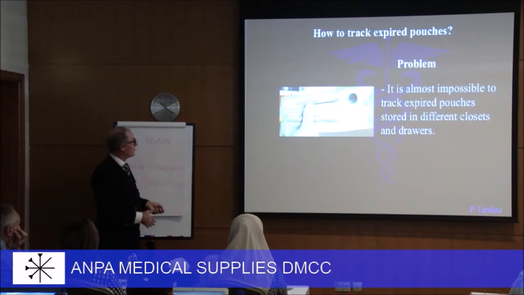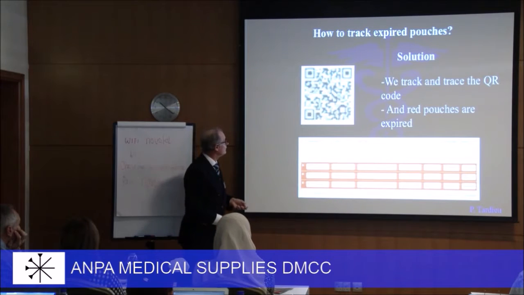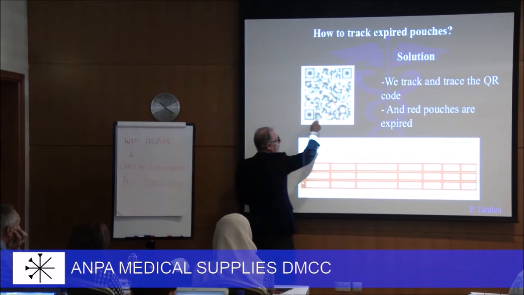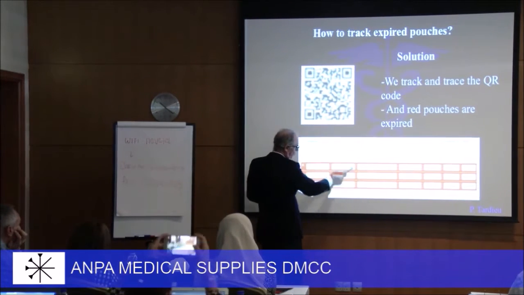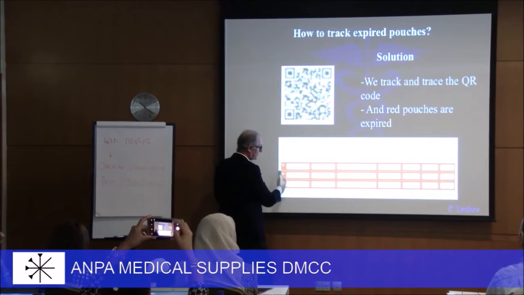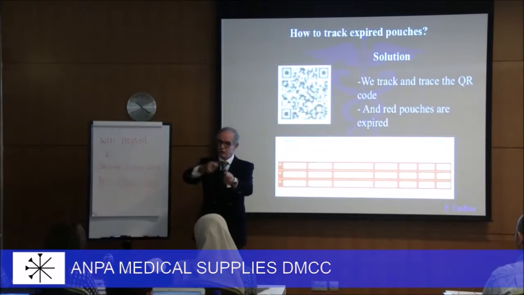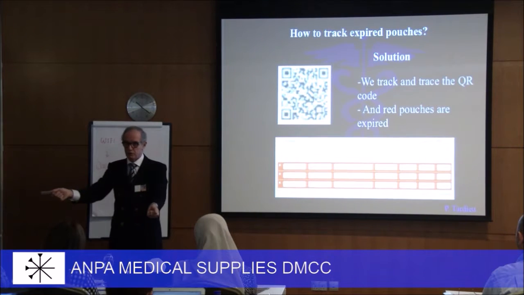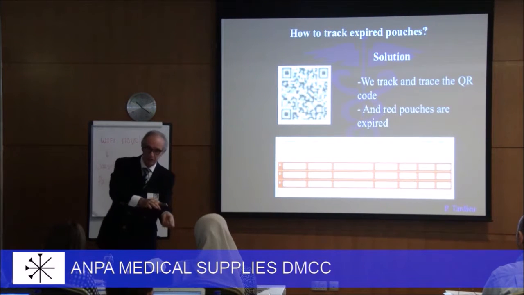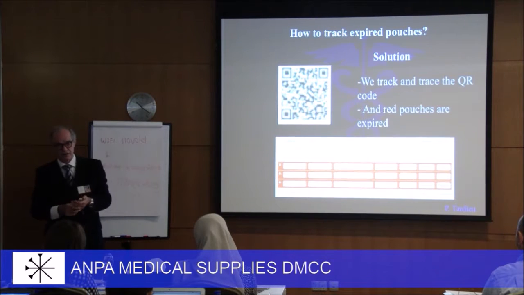So what we do here, we track with the QR code, and all the pouches are here, and after the expiry date, the background changes. Automatically we know that this is not valid anymore, and we know the location where it is. We find it, remove the pouch, make a second sterilization, and put a label on it.